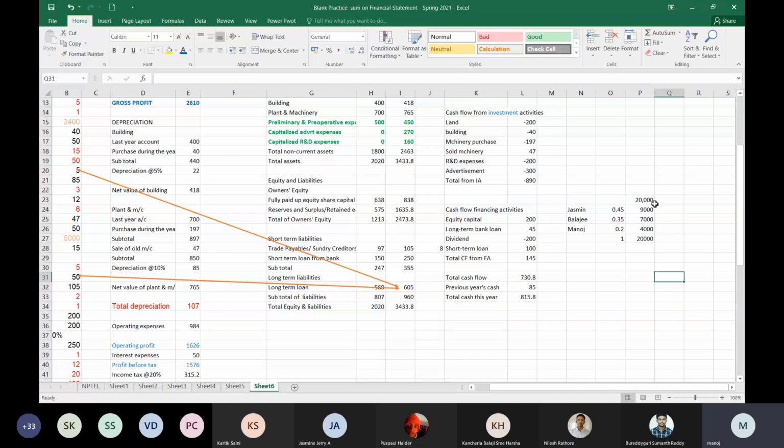Now, these 20,000 shares are equivalent to 2 lakh rupees. Suppose you are doing all the work and that is why you are holding 45%, but you are not bringing so much money. Suppose you are bringing only 5,000 rupees. Suppose Balaji is bringing in 1 lakh, say 70,000 rupees.